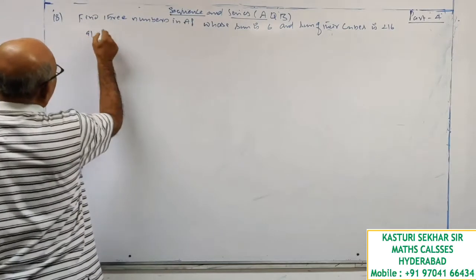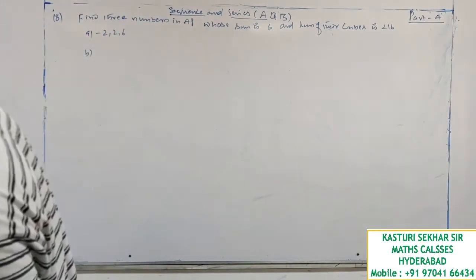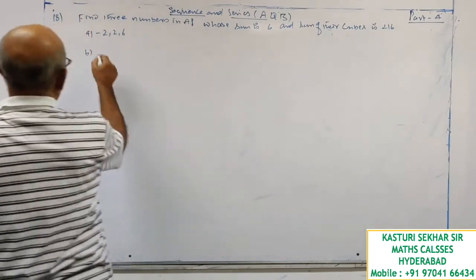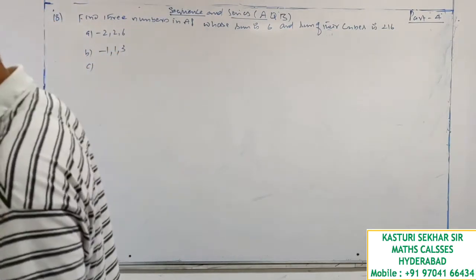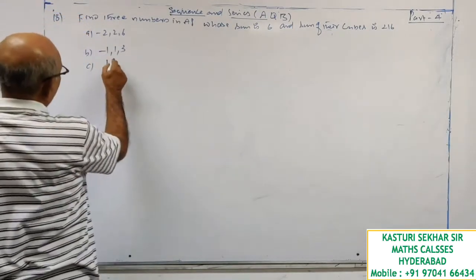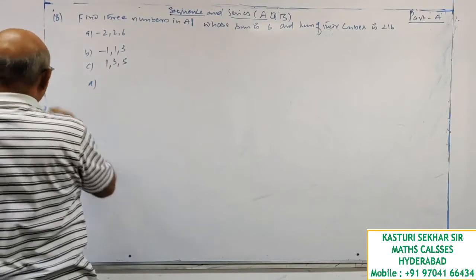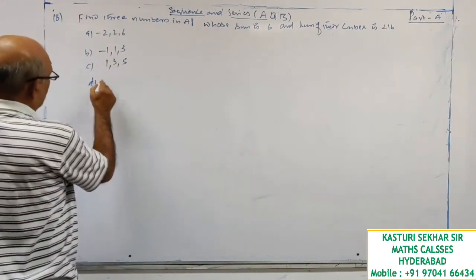We have option A: minus 2, 2, 6. Option B: minus 1, 1, 3. Option C: 1, 3, 5. Option D: 1, 4, 7.